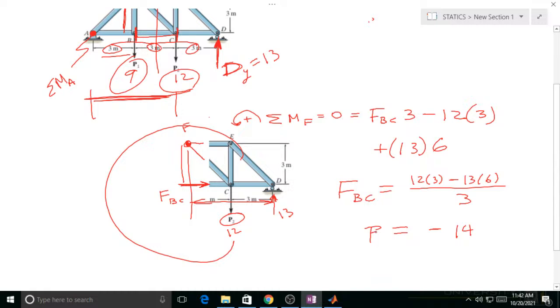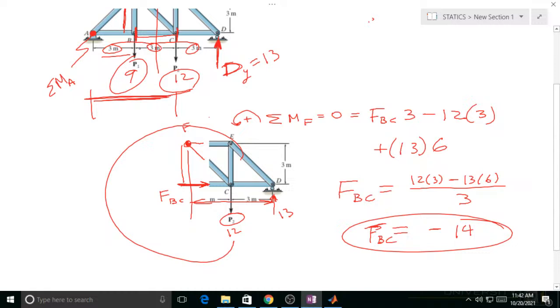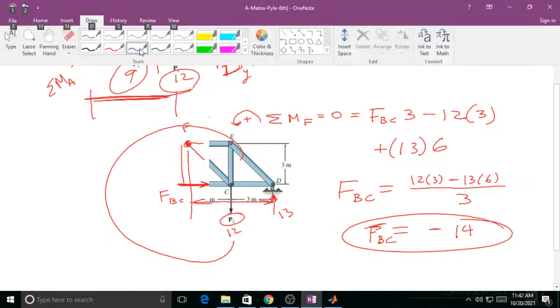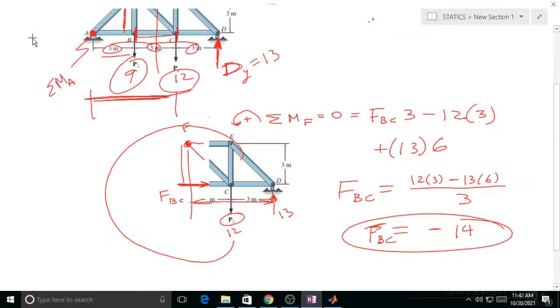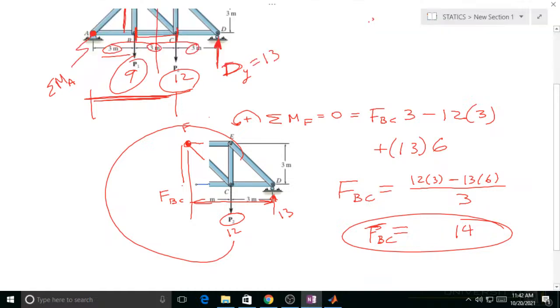Now here's what you could do. You could leave it as minus 14 and reference it to this, or you could come back immediately and, oops, hit the eraser tool, and say it was actually in the other direction.